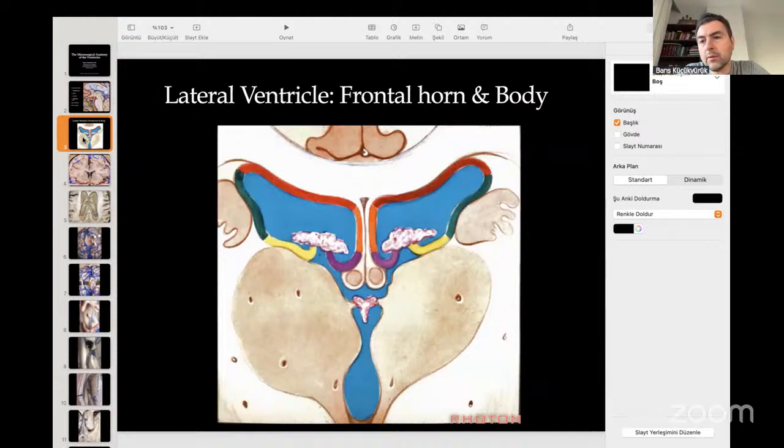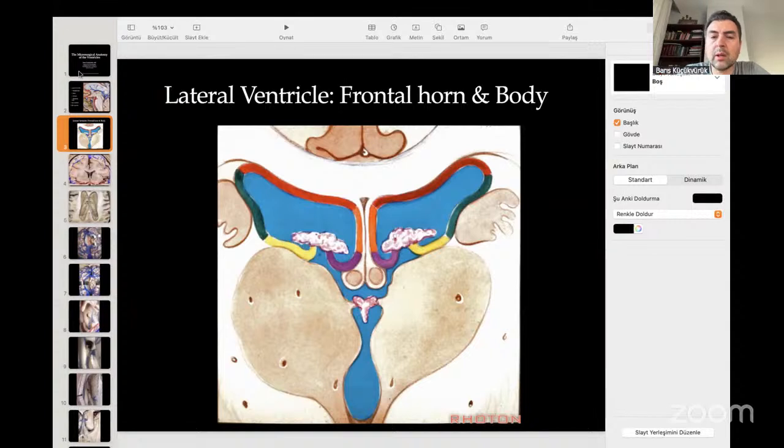Each of these structures has a floor, a roof on top, lateral walls, and a medial wall. Regarding the frontal horn and the body, the foramen of Monro separates these two structures.